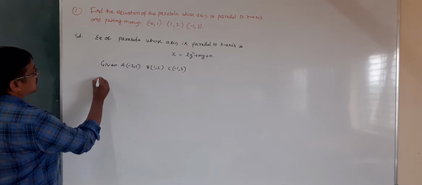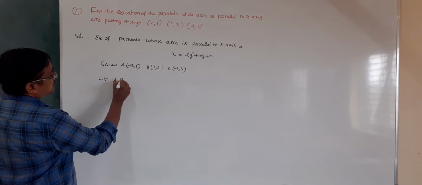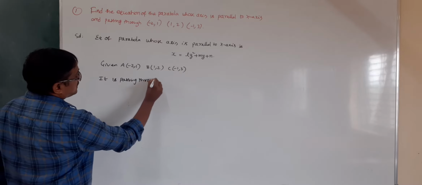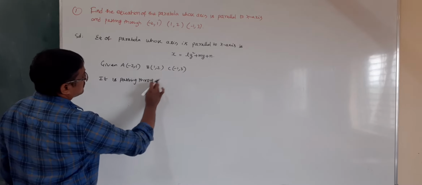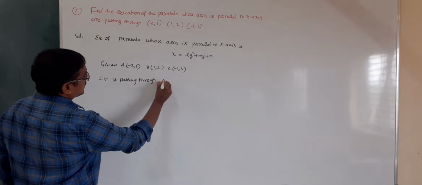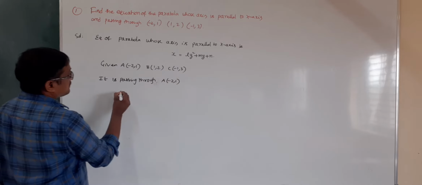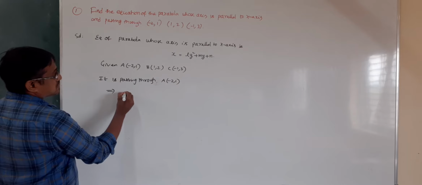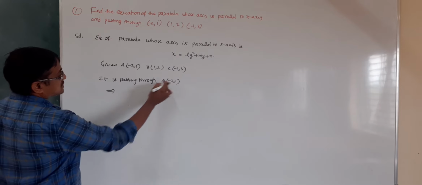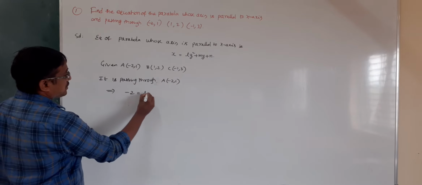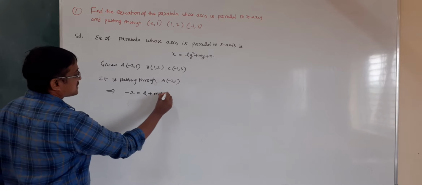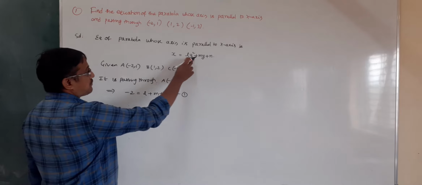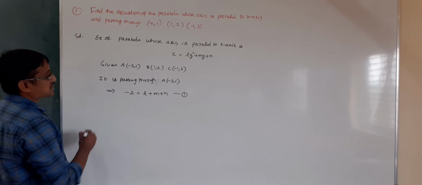Now it is passing through A(minus 2, 1). Let us substitute that point in the equation. So x is minus 2 is equal to L plus m plus n. Now this is equation 1. We have y as 1 and x as minus 2.